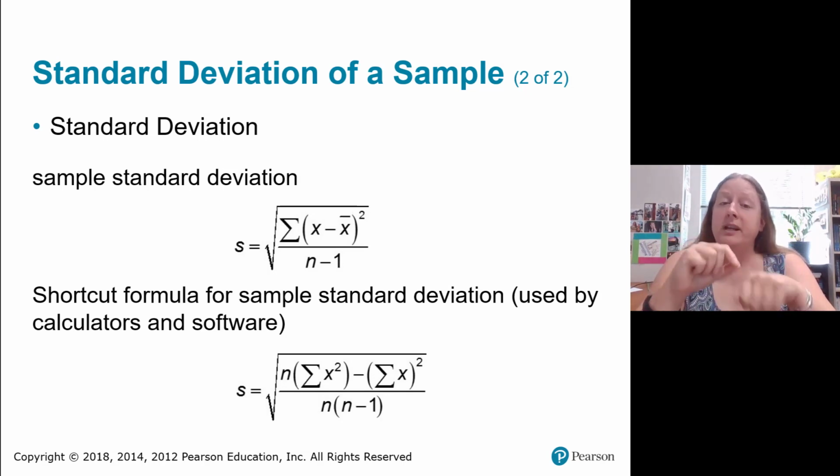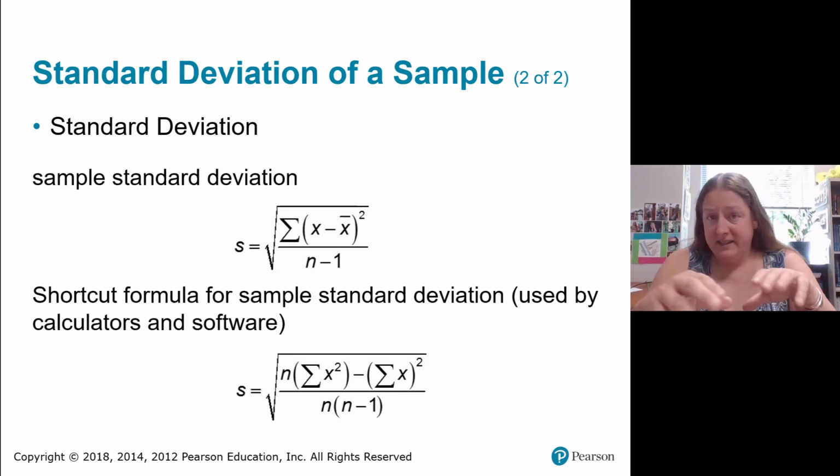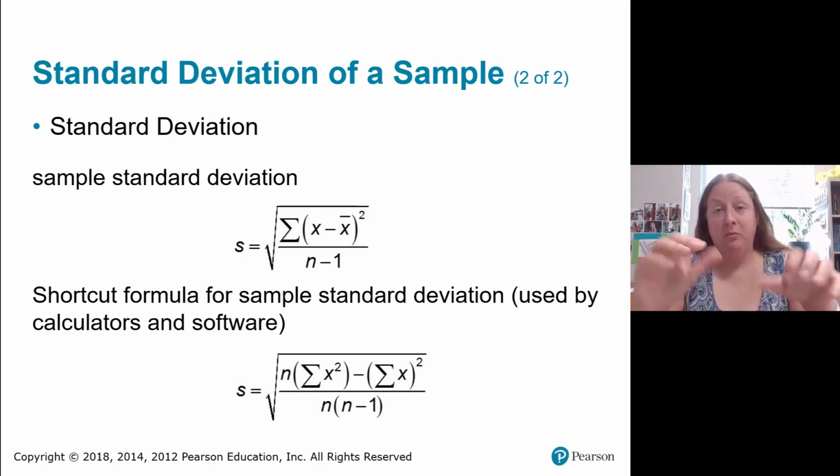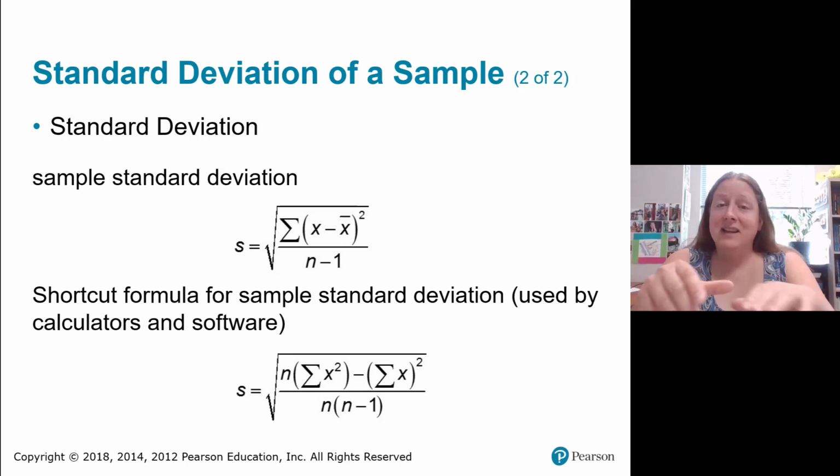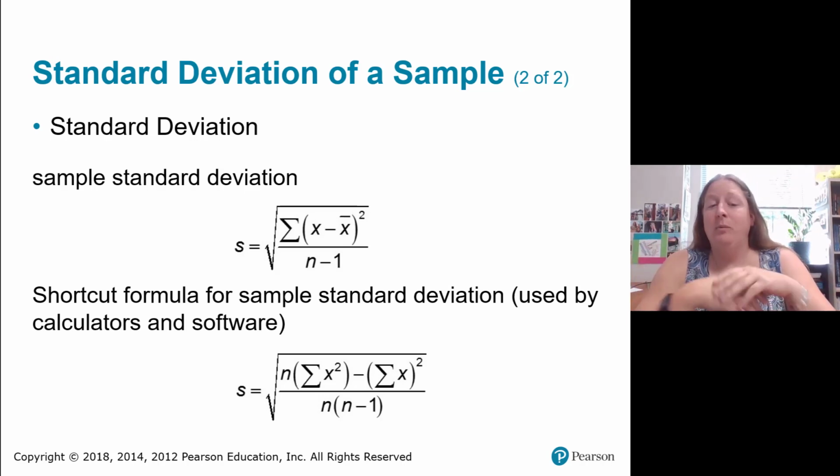Now remember, lowercase n is the number of data points in our sample. We'll take a look at an example of using this that'll hopefully clear up what are probably questions in your mind right now. Additionally, there's a second formula that is a little bit more complicated.